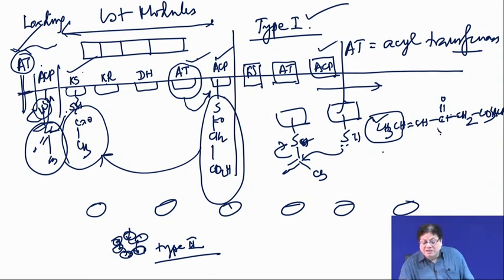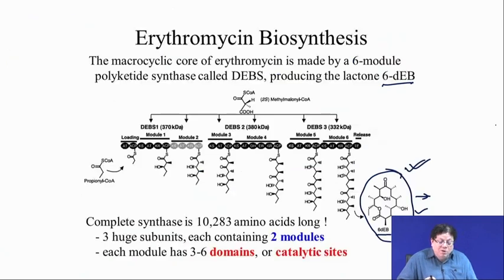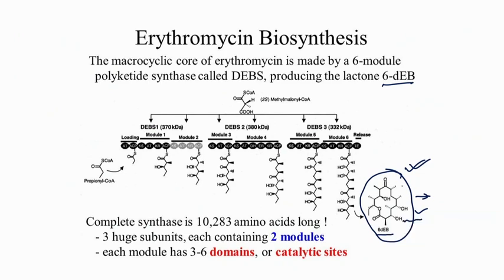So, that ends up as the carbonyl and then CH2, CO S ACP. Okay. So, basically then we will end up by showing this. This is the deoxyerythronolide B.